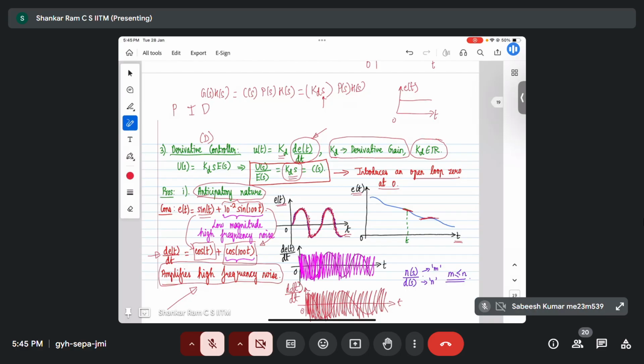Yes, sir. So let us say we consider the example of a motor, Satish. You and I want to control the speed and we want to give some voltage. Let's say if we use I and D, we may end up giving very high voltages or very fast changes, which is a problem in practice.